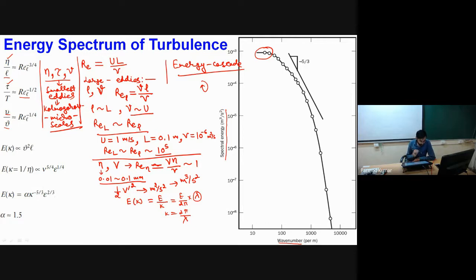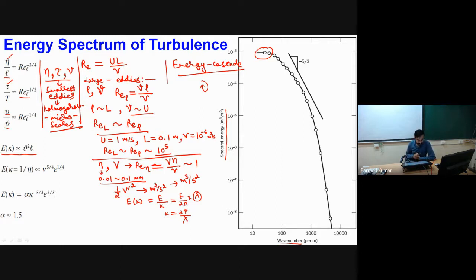Now, one important point: I have told you that when we have the largest eddies, we have dominance of inertia and there is no dissipation. So that's why the spectral energy of the largest eddies is proportional to length scale and square of the velocity scale.